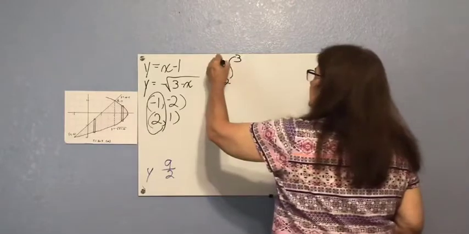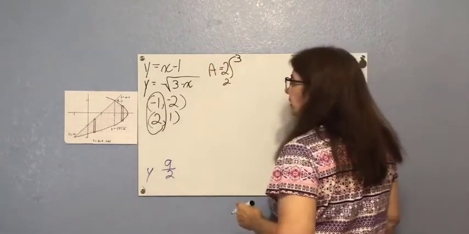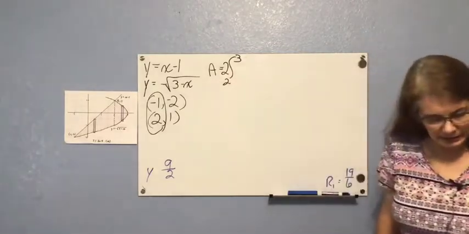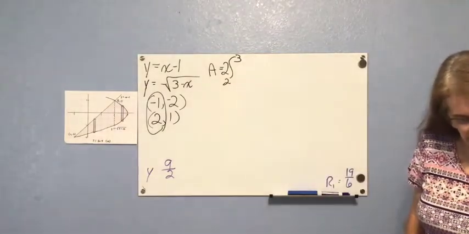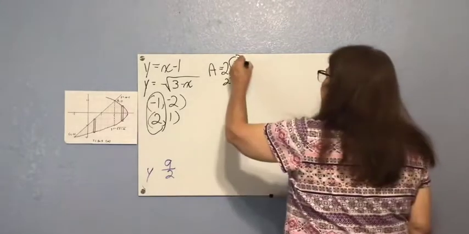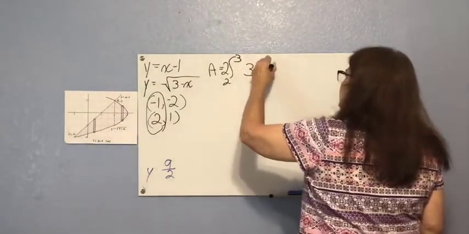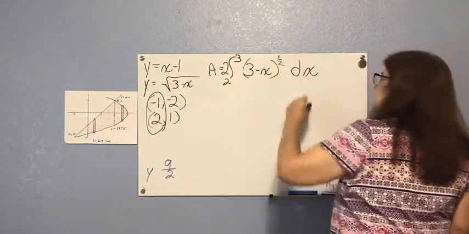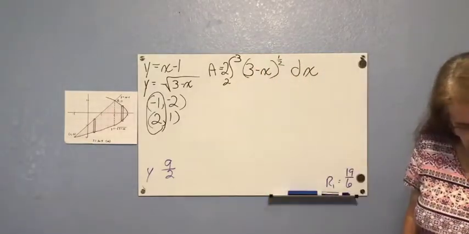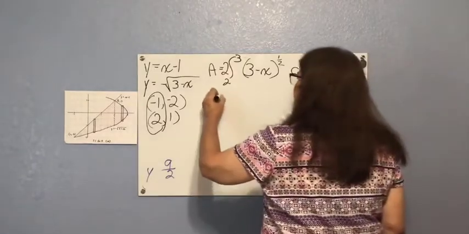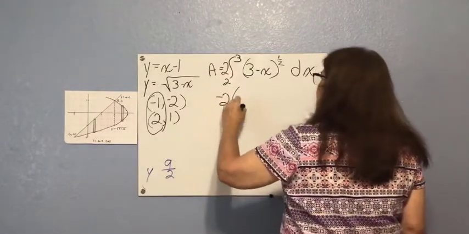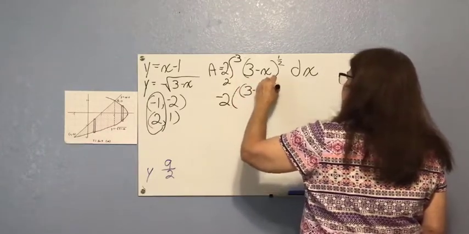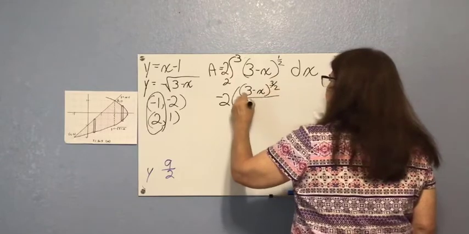So I'm just going to put a 2 here and find the integral of just the top part. Again, (3 minus x) to the 1/2 power dx.